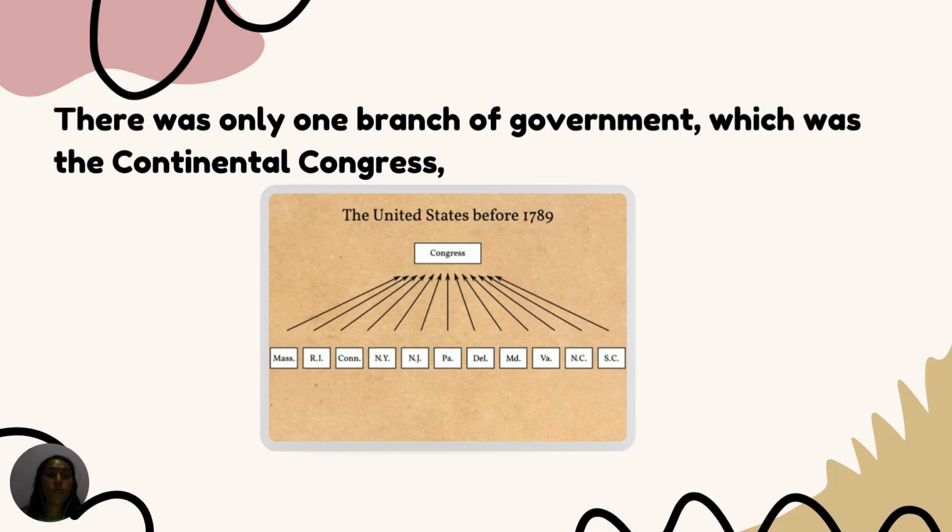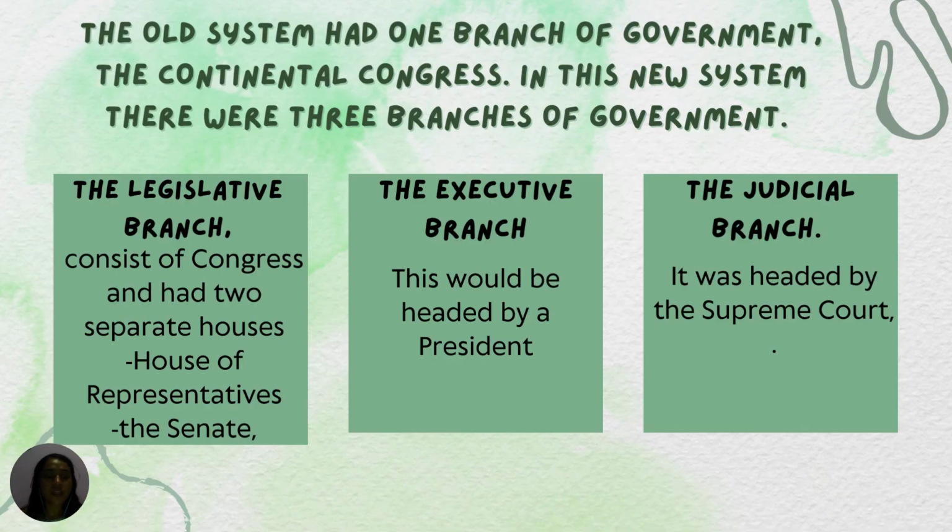There was only one branch of government, which was the Continental Congress. The old system had one branch of government, the Continental Congress. In this new system, there were three branches of government.